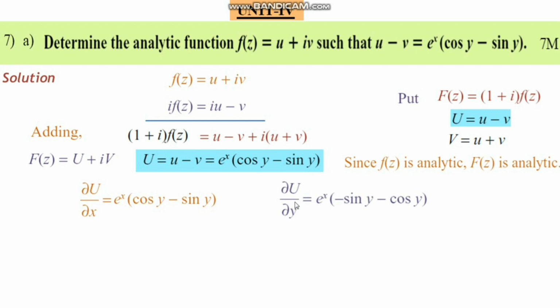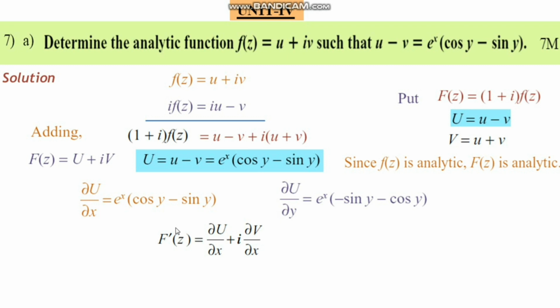Similarly, ∂U/∂y = e^x, treated as constant, times (cos y derivative, negative sin y, minus sin y derivative, cos y). Only these two partial derivatives are known.